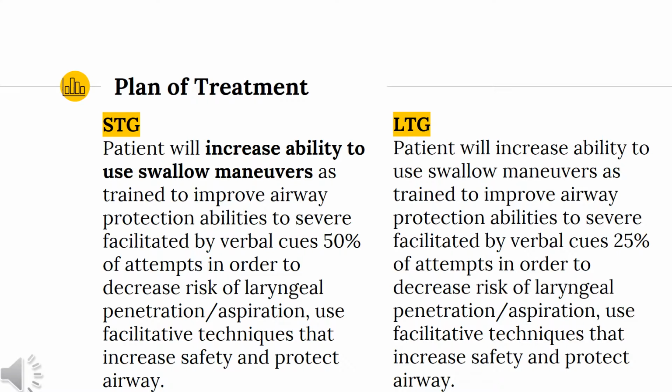The long-term goal is exactly the same. However, the level of cueing is what's different. The ability is still going to maintain its severe rating, just the cueing is a little lower for the long-term goal.